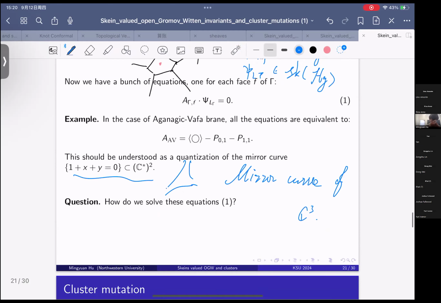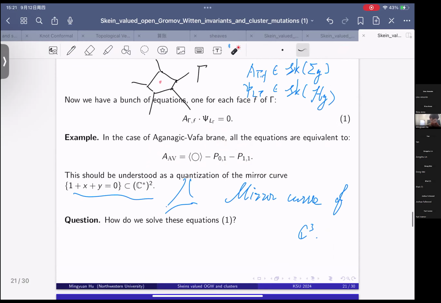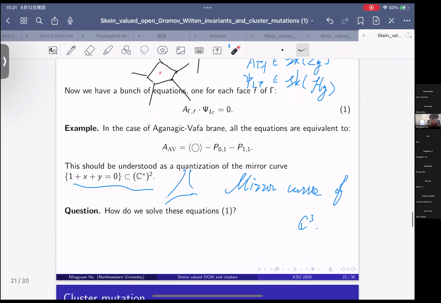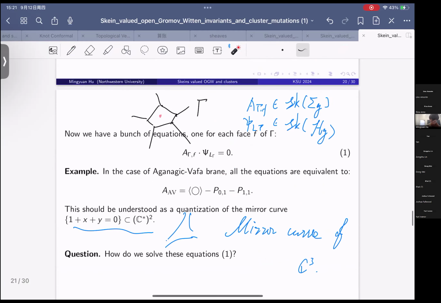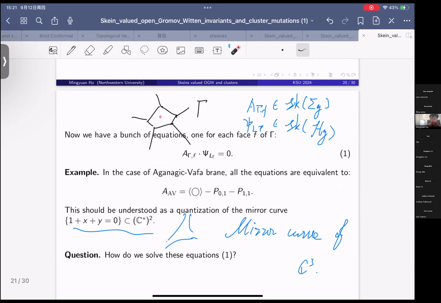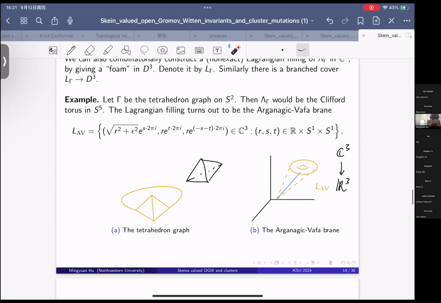If you solve this equation, it will give you the wave function of this Aganagic-Vafa brane, which we define as the so-called skein dilogarithm. So, any question? Maybe recall this Aganagic-Vafa brane. It's like the cotangent bundle of S. Okay, this one. Yeah.